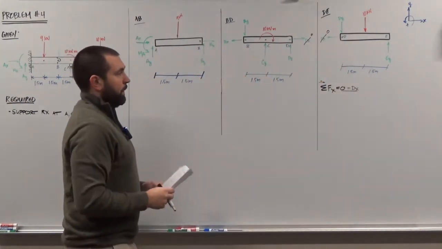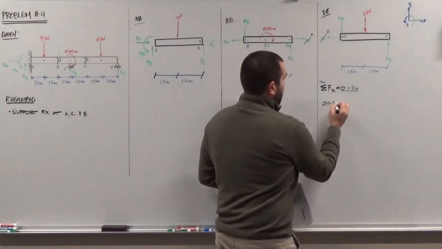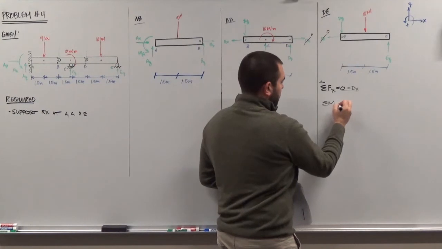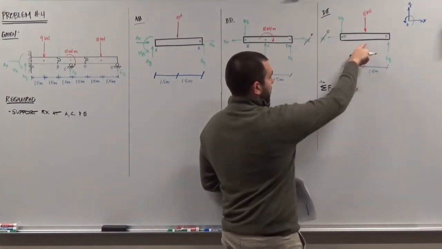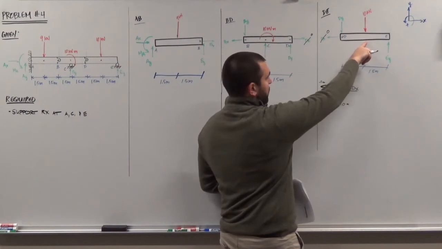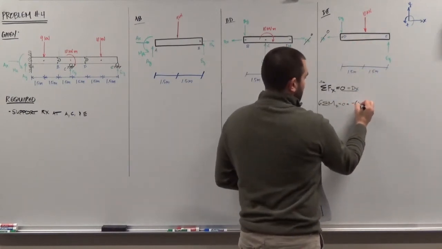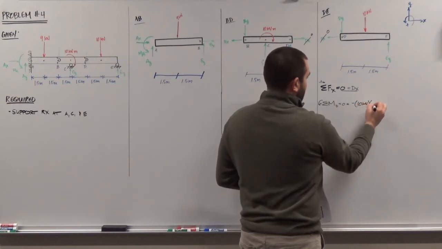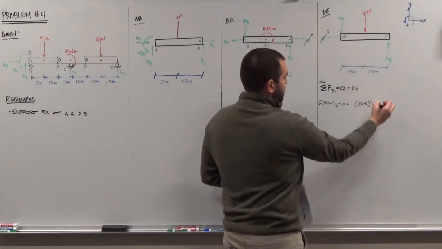So that's great. All right, if I sum the moments about point D equal to 0, I will get 10 kilonewtons causing a clockwise moment about D. So that's minus 10 kilonewtons times a moment arm of 1.5 meters.